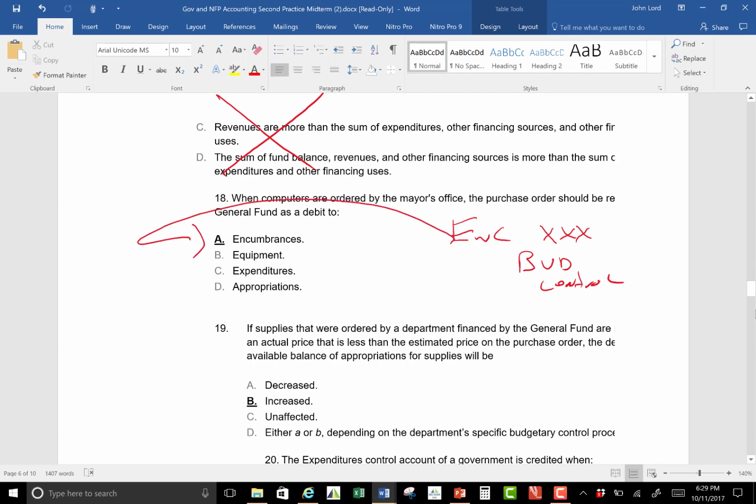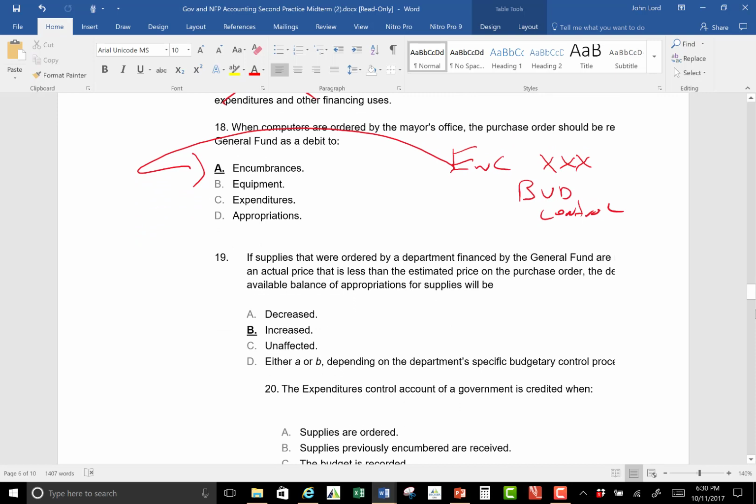If supplies were ordered by a department financed by the general fund, and are received at an actual price that is less than the estimated price, the available balance in the appropriation for supplies account will... Okay, let's look at an appropriations ledger.